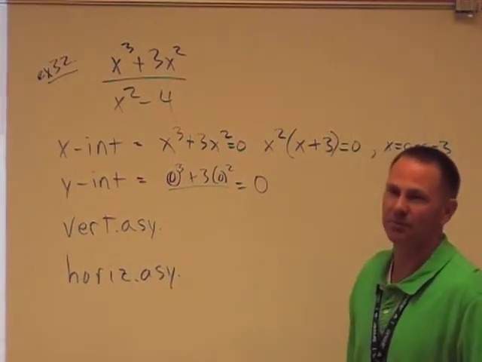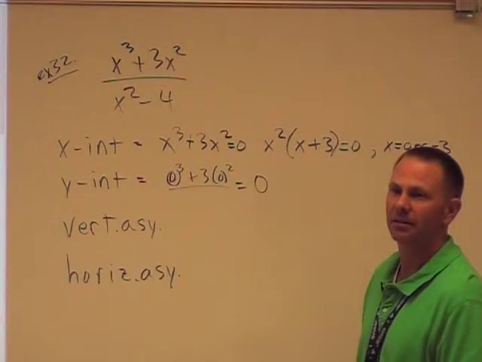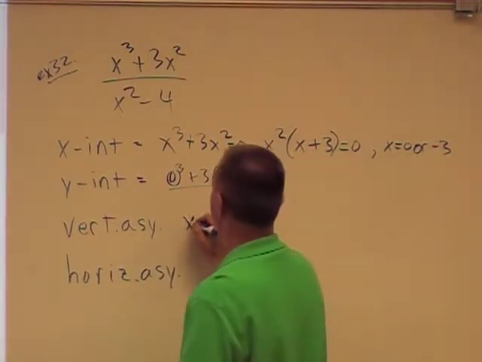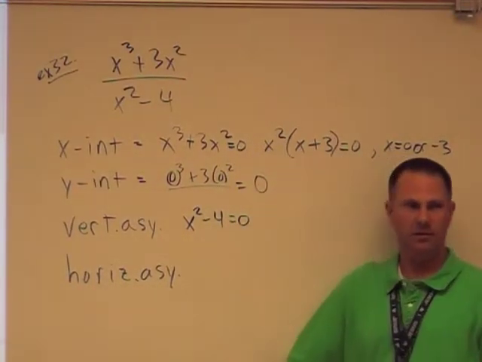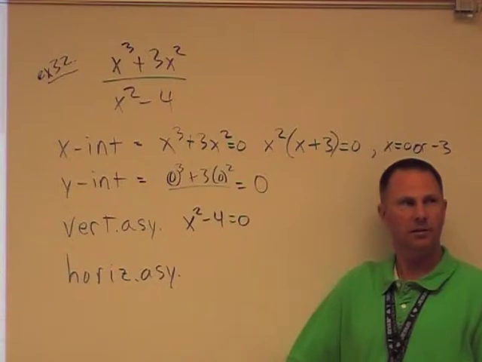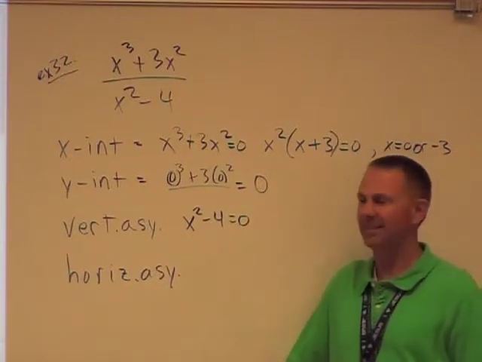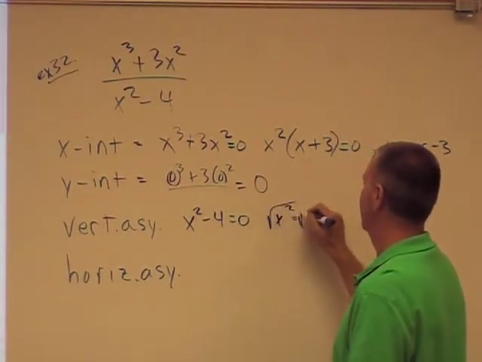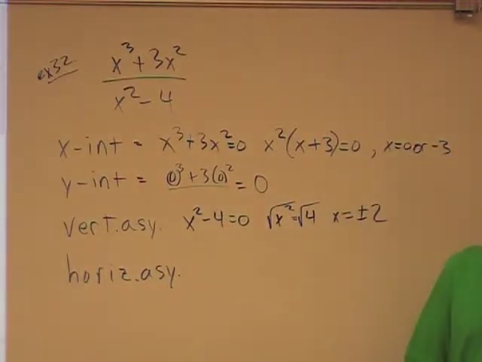Alright, vertical asymptote, how do we find it? Denominator equals 0. The zeros of your denominator. Solve it, please. Good.